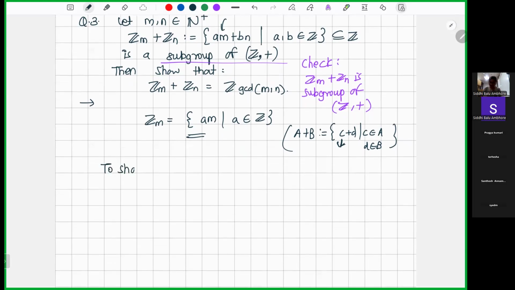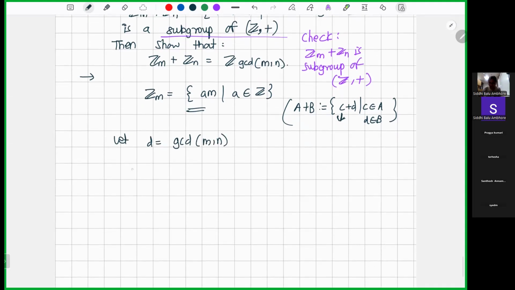We have to show this, so let d be equal to GCD of m, n, just for the sake of notation. To show that Zm plus Zn, let me write this properly, Zm plus Zn is equal to Zd.